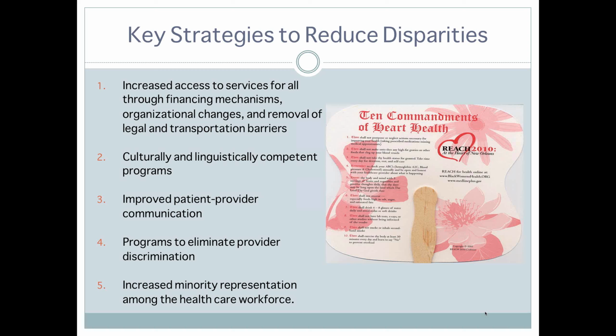A third strategy is to improve patient-provider communication so that during clinical encounters there is a free flow of information and communication that's leading to an accurate assessment, diagnosis, and treatment. The fourth strategy is programs that eliminate provider discrimination. And the fifth strategy is increasing the minority representation among the healthcare workforce.